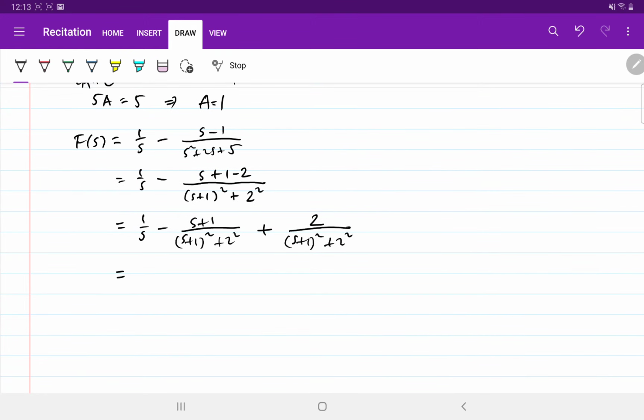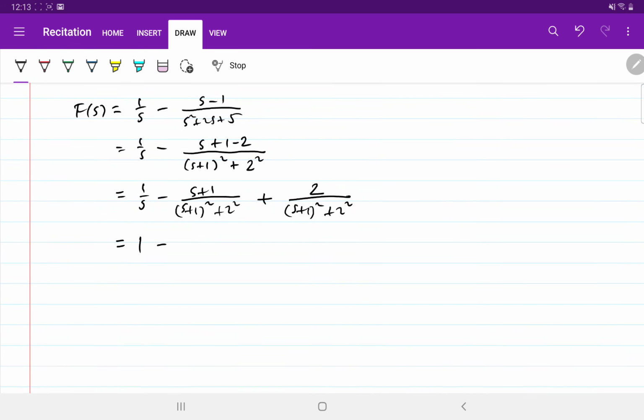Then we can use the inverse Laplace transform table, so that 1 over s is the unit step 1, and then here is e to the minus t sine of 2t, plus e to the power minus t cosine of 2t.